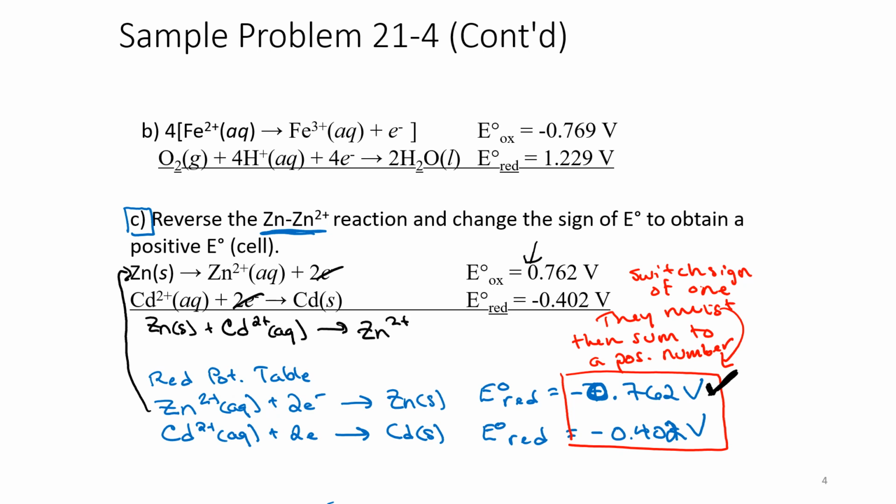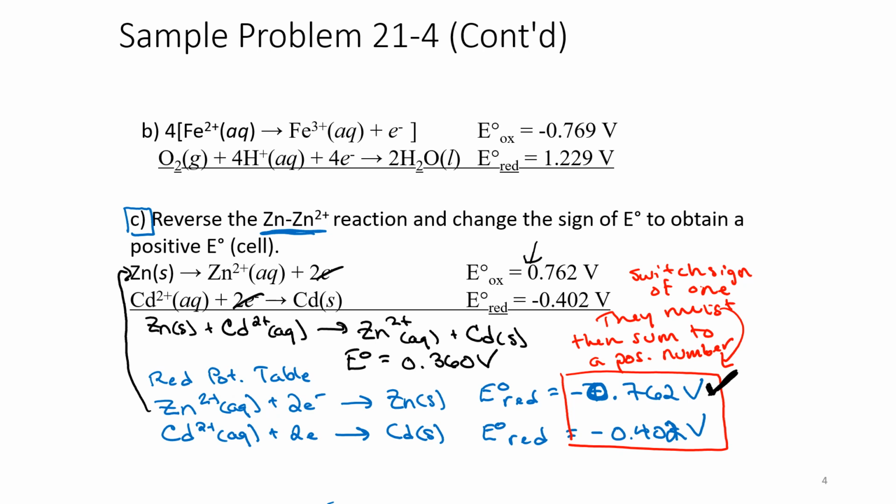We're producing zinc 2 plus solid cadmium, and so our standard voltage for this is going to be positive 0.762 minus 0.402, which is 0.360 volts. So hopefully we can follow along with how to calculate our standard voltages throughout these problems.